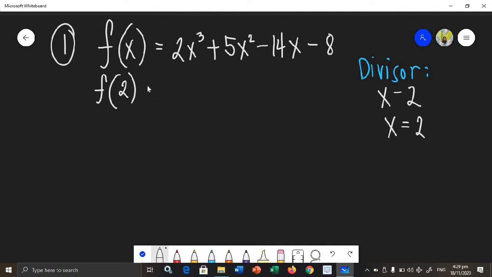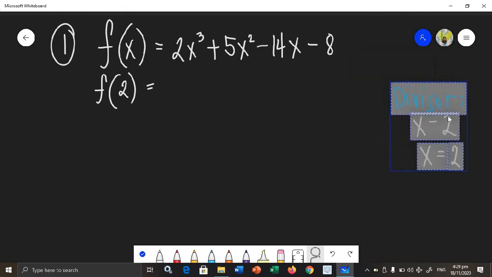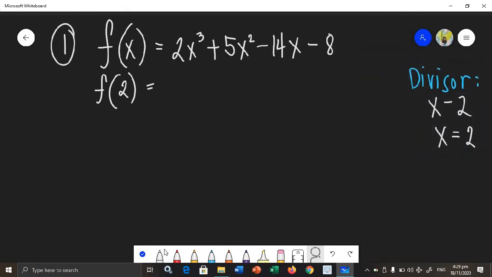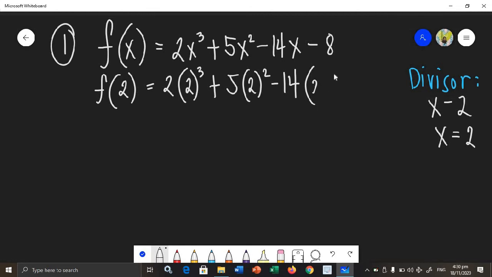So, let's start. The value of your x is 2. So, f of 2. We have 2 times quantity 2 cubed plus 5 times quantity 2 squared minus 14 times quantity 2 minus 8.